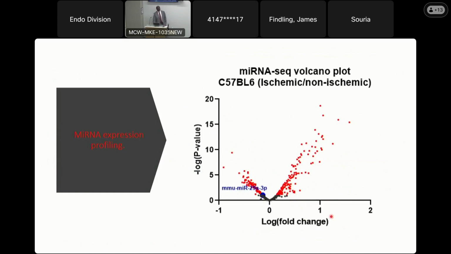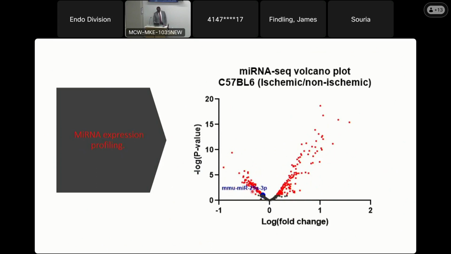So looking at the microRNA profiling, this is basically a volcano plot that's showing different microRNA expression when you compare ischemic to non-ischemic tissue within the same group of animals. What you see is that there are microRNAs whose expression goes down, and there are microRNAs whose expression is higher in the ischemic versus non-ischemic tissue. This particular microRNA has been flagged here, and I'll tell you why in a minute.